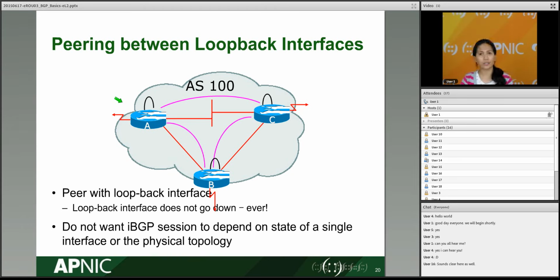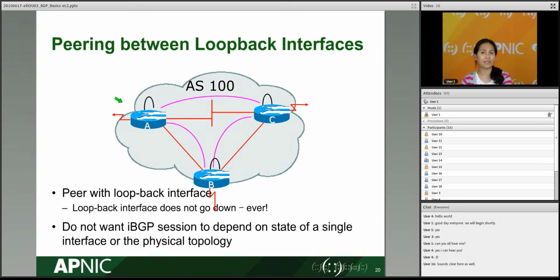If it's done on the point-to-point links, think of what will happen if one of the links is down. The iBGP session between routers B and C will obviously also go down, right? Router C will take prefixes learned here and pass them on to A. Router B will take prefixes learned and pass them on to A as well. So A can see everything, but router A will not pass anything learned from B to C going forward.